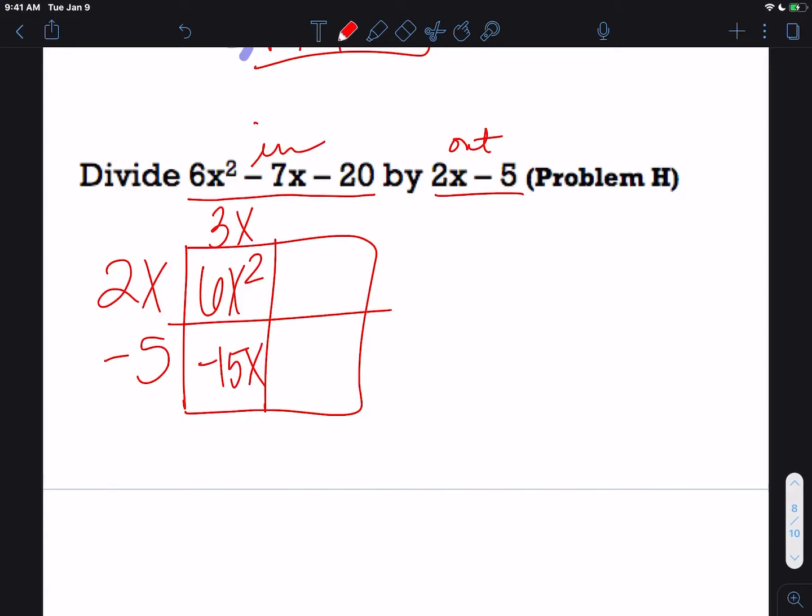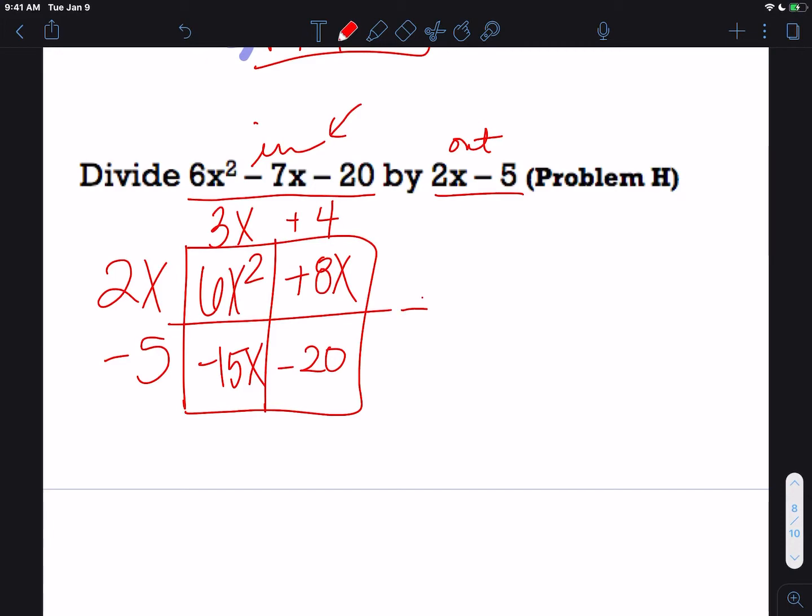Then I say, okay, my middle term is negative 7. I'm at negative 15x. What do I have to do to get there? I add 8x. How did I get from 2x to 8x? I multiplied by positive 4. 4 times negative 5, negative 20.